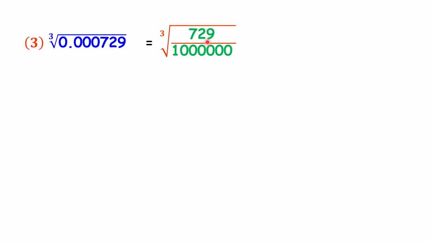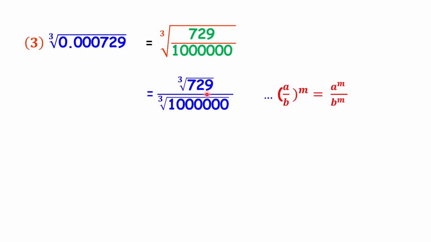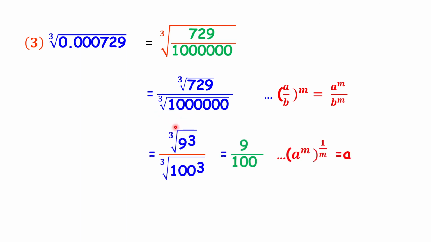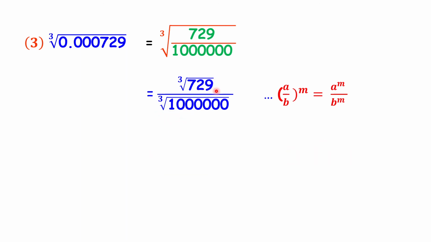We know 729, which is the cube root of 729. Here first we write the cube root sign separately. That is cube root of 729 upon cube root of 10 lakh. We know 729 is the cube of 9 and 10 lakh is the cube of 100.